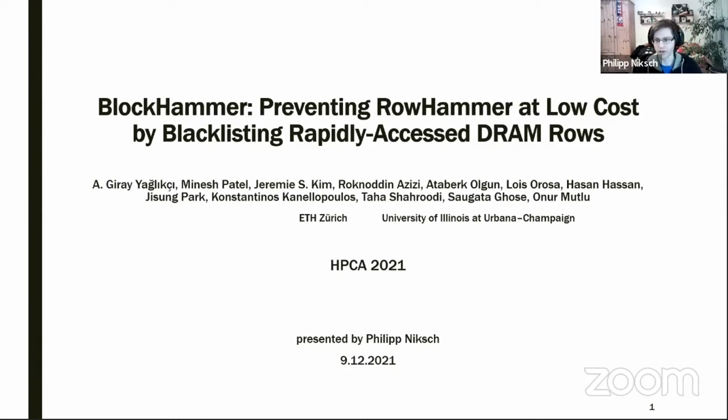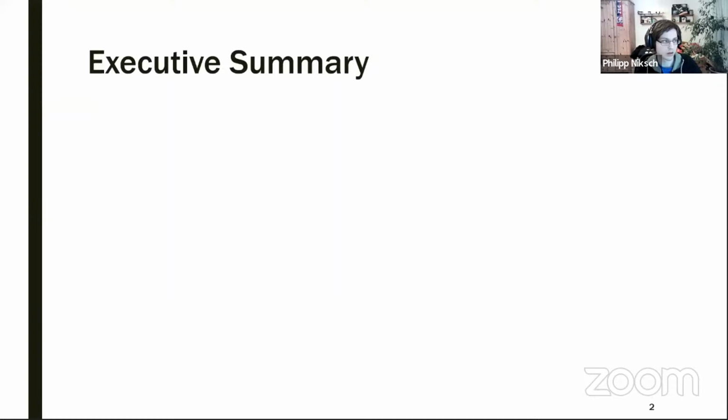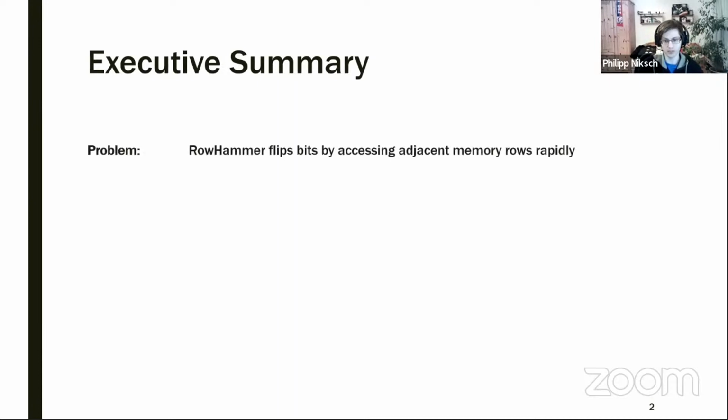Okay, thank you for the introduction, and welcome everyone to my presentation about BlockHammer: preventing RowHammer at low cost by blacklisting rapidly accessed DRAM rows. I will start with the executive summary of the presentation. The paper presents a mitigation technique for RowHammer.